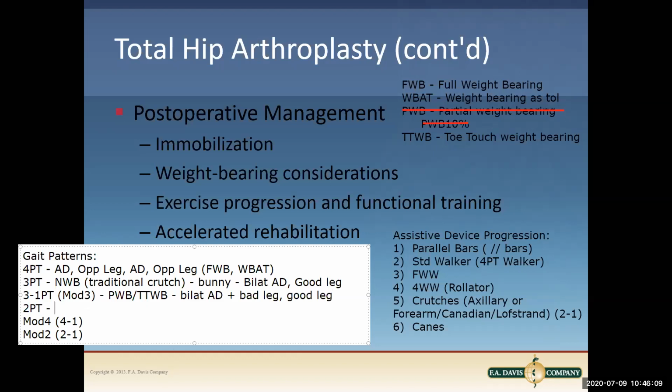2-point pattern. Good. 2-point pattern, I want you to think of cross-country skiing, because that will help you remember it. So you move opposite AD plus opposite leg, opposite AD plus opposite leg.